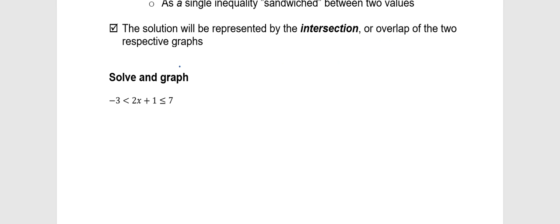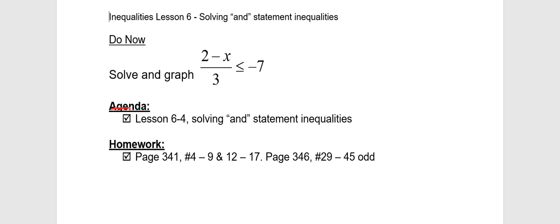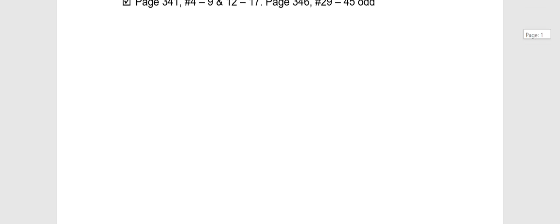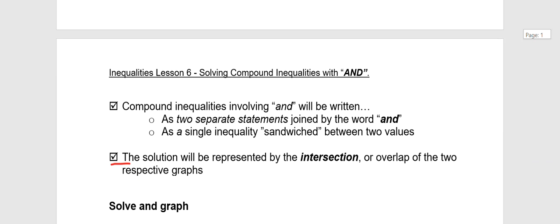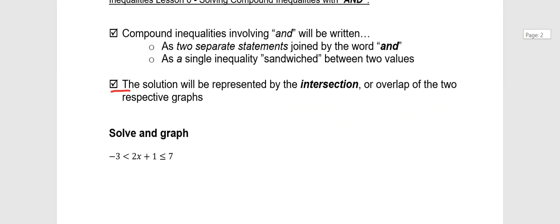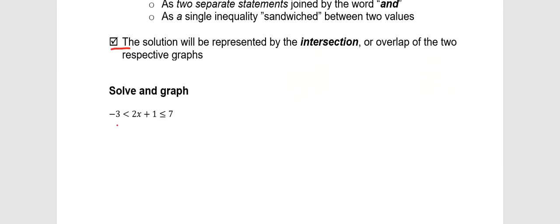So let's get started. The first thing I'm going to do is write this inequality right here, 2x plus 1. If I read from the middle back, 2x plus 1 is greater than -3.